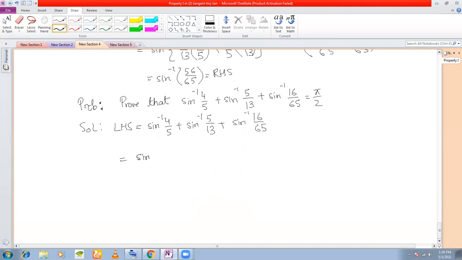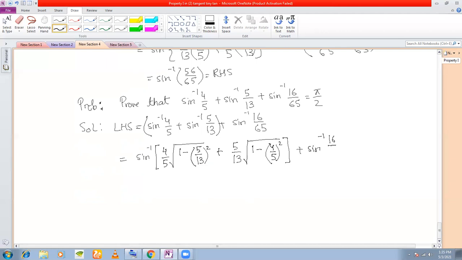So you are taking these two together, and you get sine inverse of x root 1 minus y square plus y root 1 minus x square. You combine the first two sine inverses, and this one you leave as it is.